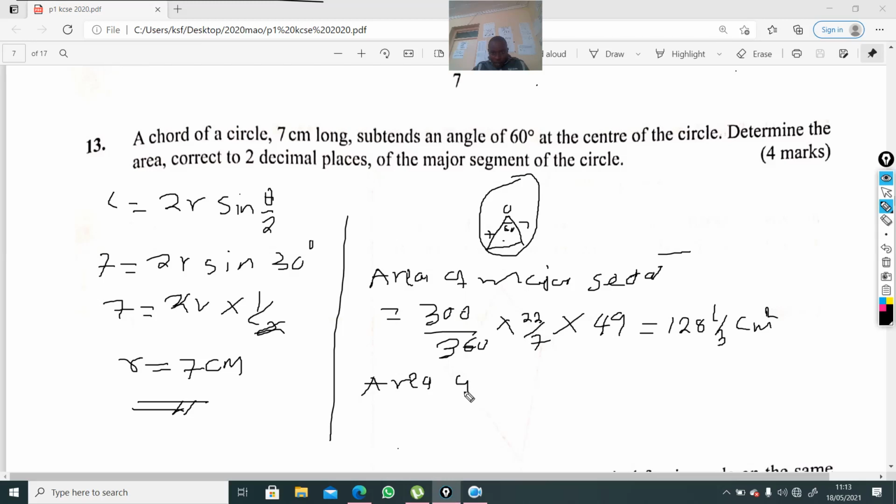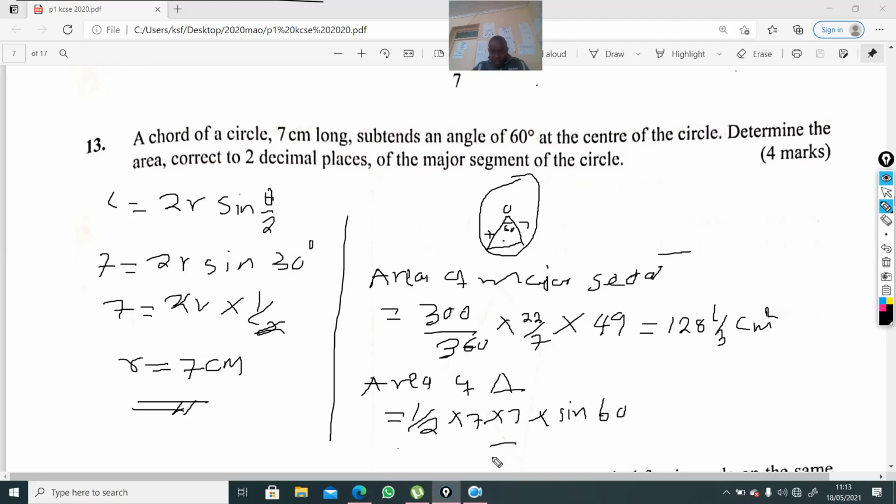The area of the triangle will be equal to half AB sine theta. So that is a half, A is 7 and B is 7, times 7 times 7 times the sine of 60.